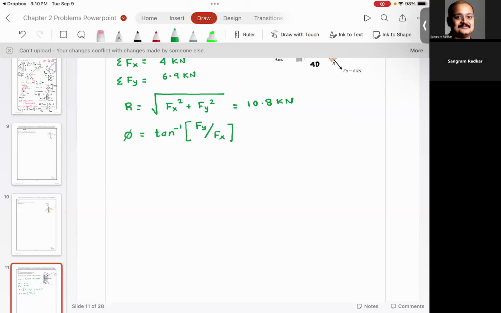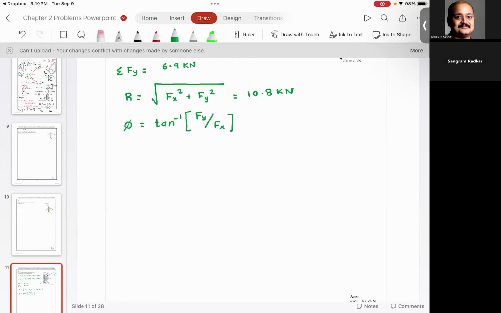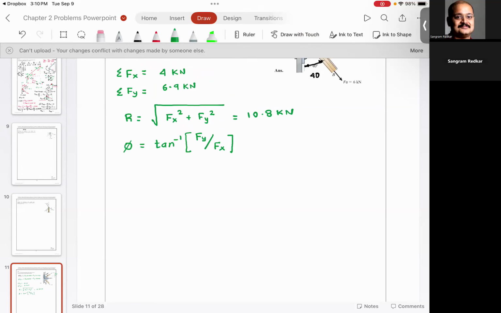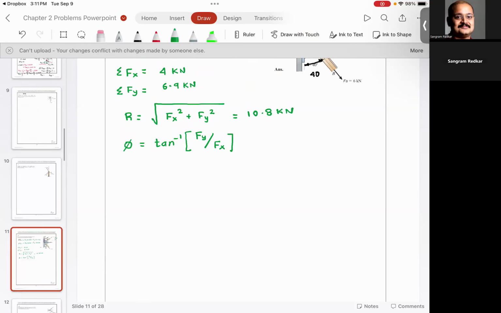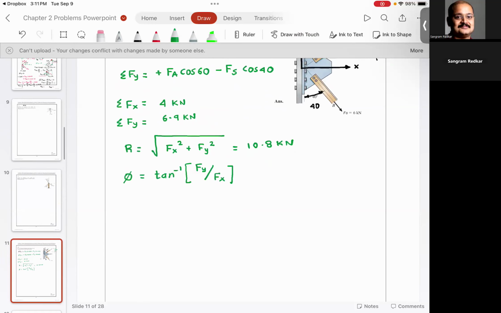And tan inverse of F of y by F of x. What's that angle? Everyone understood this problem? Next problem.